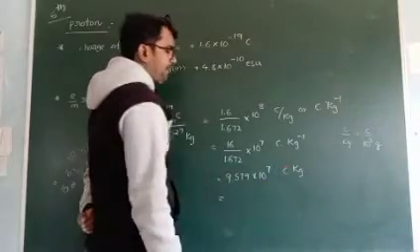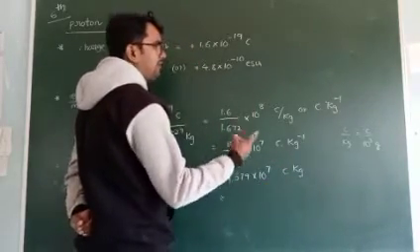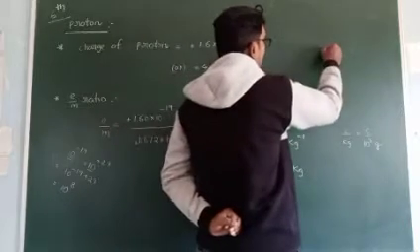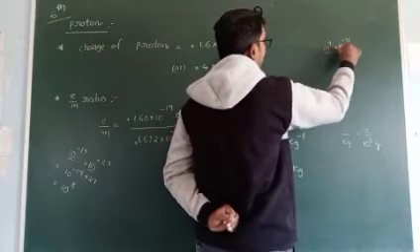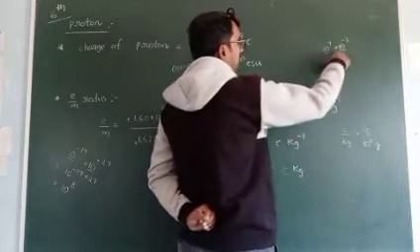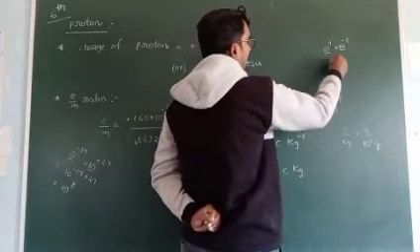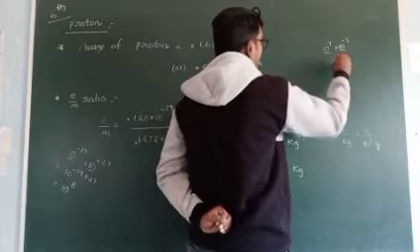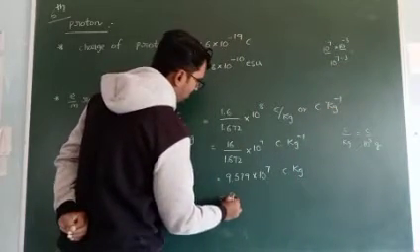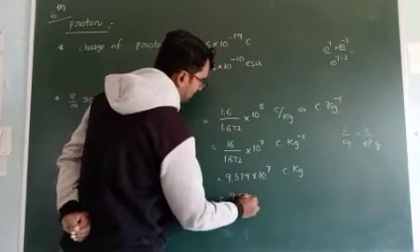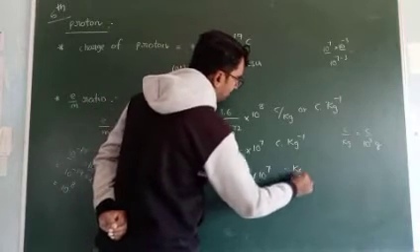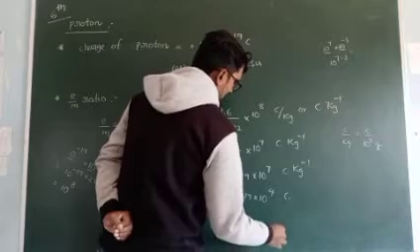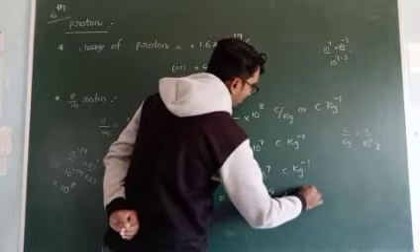So 10 to the power of 7 into 10 to the power of minus 3. These two have the same base, so in multiplication add the powers. 7 minus 3, that is 4. So 9.579 into 10 to the power of 4 coulomb per gram.